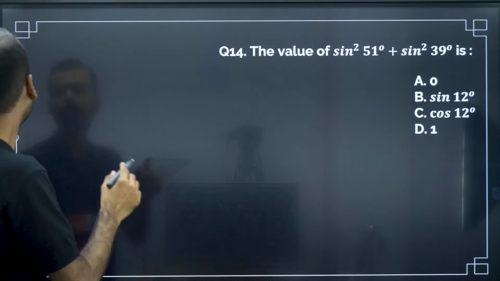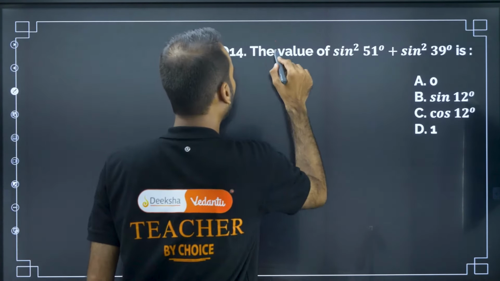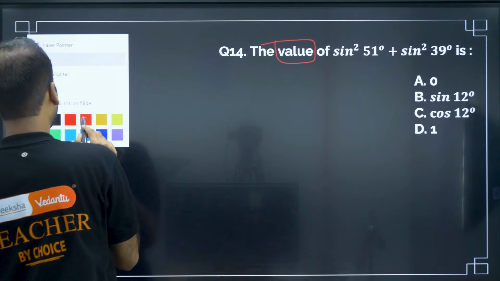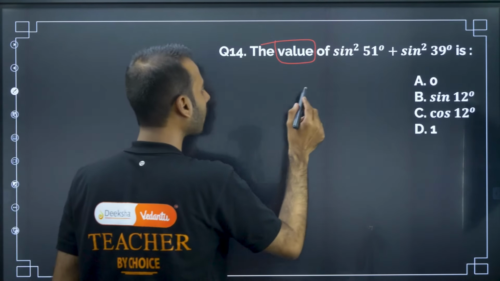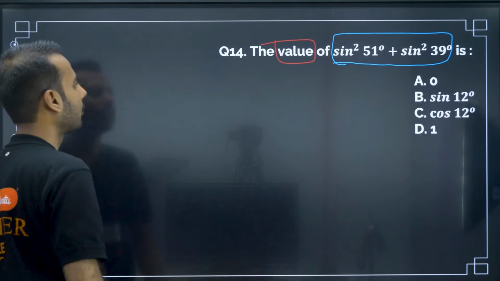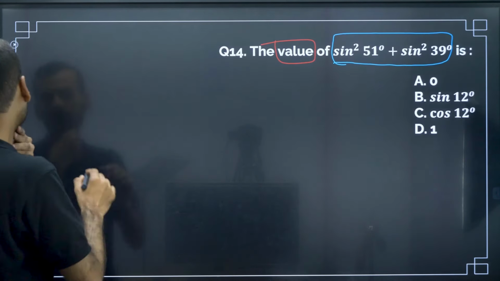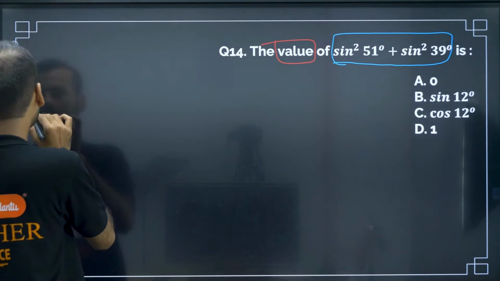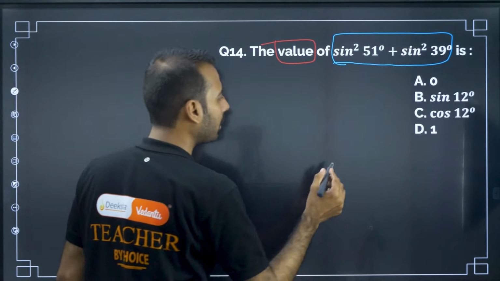Moving on to next question. The value of what are they asking? The value of one expression they have given. What is that expression? Sine square 51 plus sine square 39. Now to solve this problem, you should know some basic identities of trigonometry. What is that?